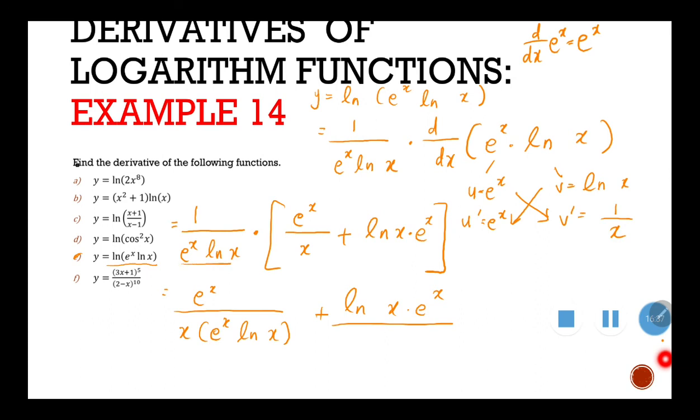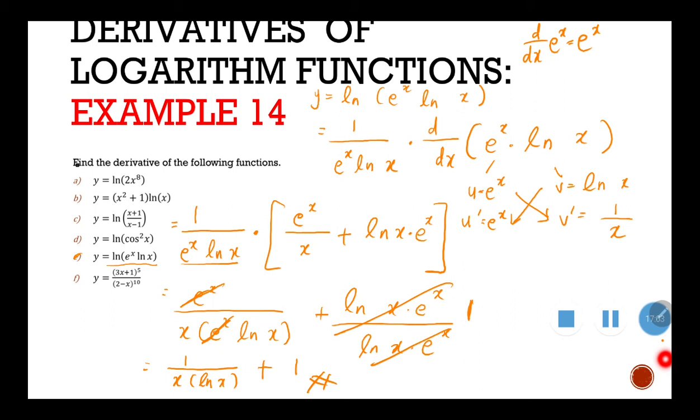This can also be rewritten like this, right? ln x e^x. Either way, you can cancel it together. You will get 1 here, and this part here can also be cancelled together. So it should be 1 over x ln x plus 1.